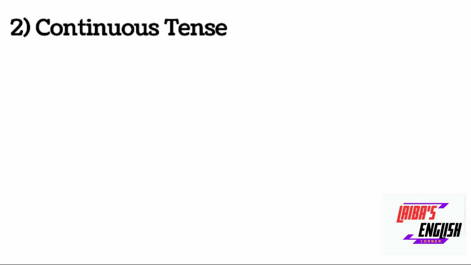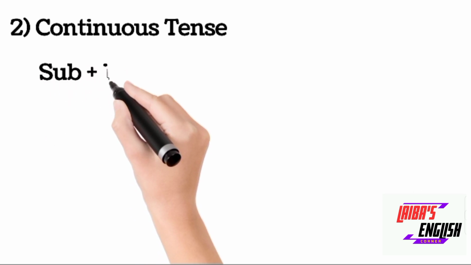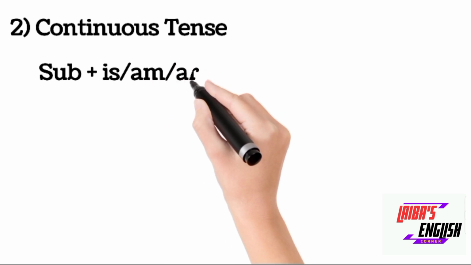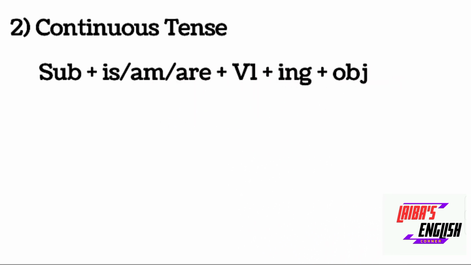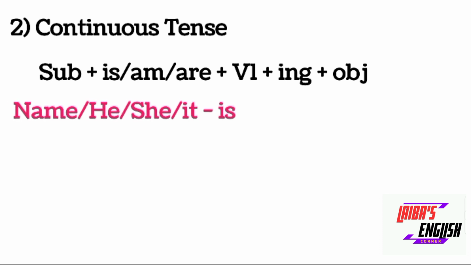Now we are going to move on to the continuous tense. For the present continuous tense, the structure is subject plus is, am, are plus verb first form plus ing plus object. There is a rule for where to use is, am and are.